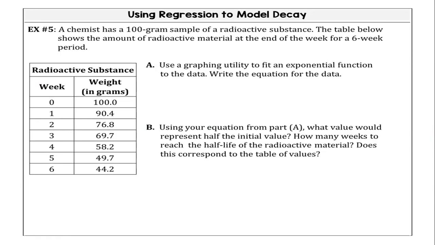Okay. So here we have from 0 to 100, and 6 weeks, from 0 to 6 as our weeks. We're going to look at (0, 100) and (6, 44.2). And you're going to repeat what we just did to find your A and your B. Are you willing to do it on your own first? Yeah. Okay, I believe in you.